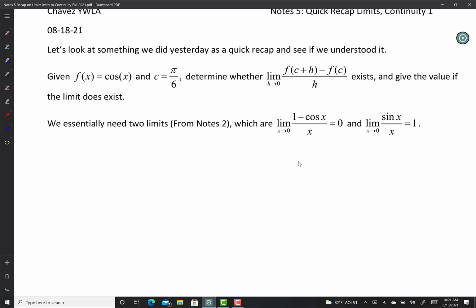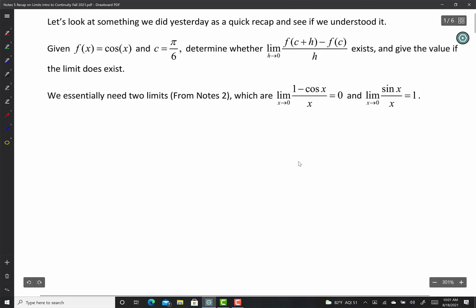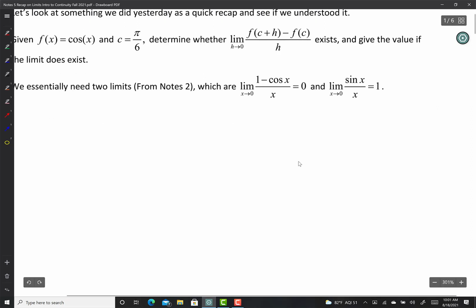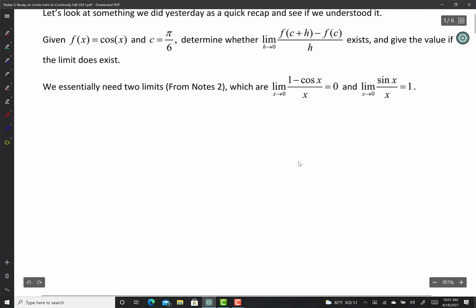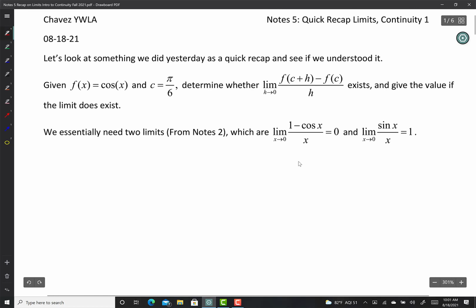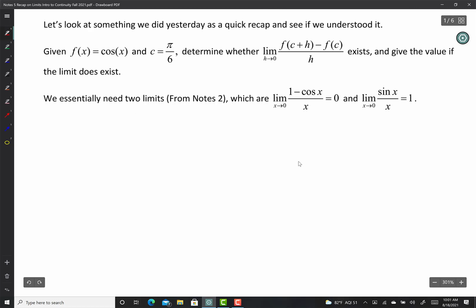So we're using two limits from notes 2, and these are the limits we are using. So how are they going to look when we start plugging them in? They're not going to look exactly like this. It's going to look like this. Limit as h approaches 0 of 1 minus cosine h over h, that equals 0.